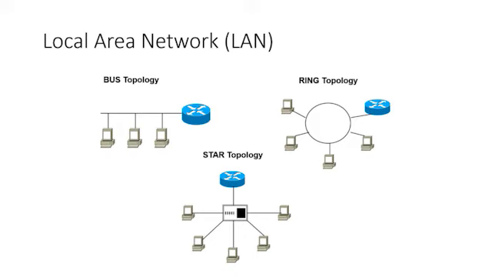Just know that is the difference. So it could be a physical star topology, but it acts as a logical bus topology with a hub, okay? So remember that, keep that in mind when you're setting this up or when you're thinking about security for your networks.